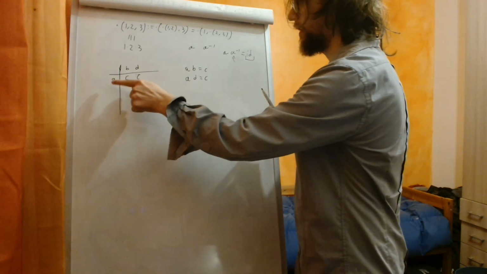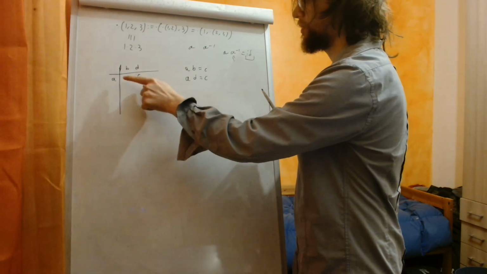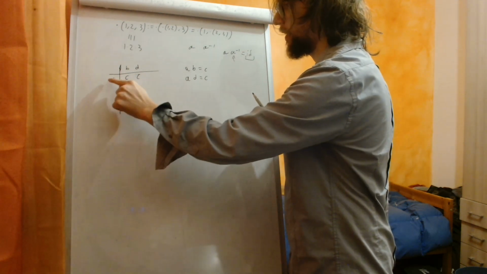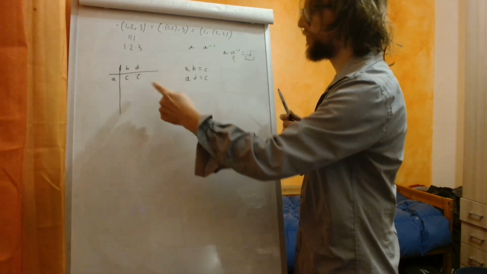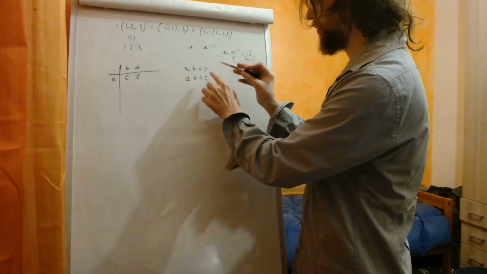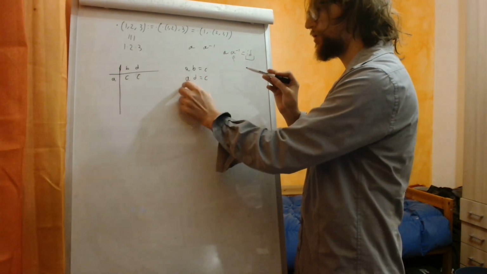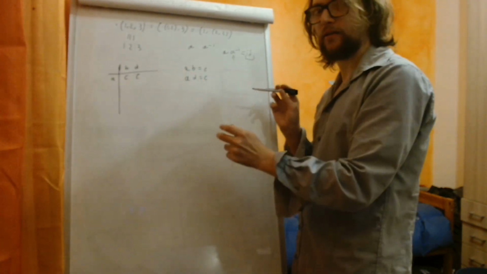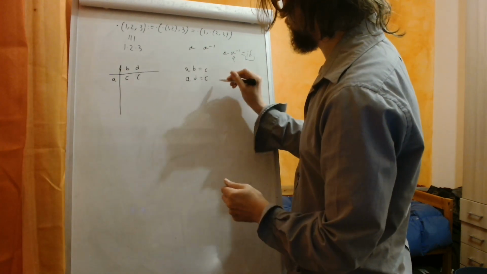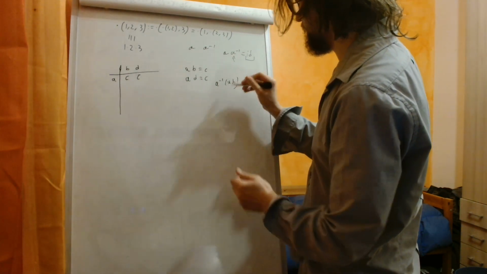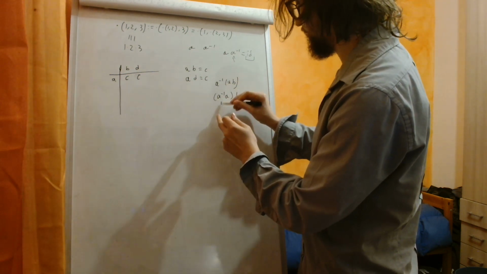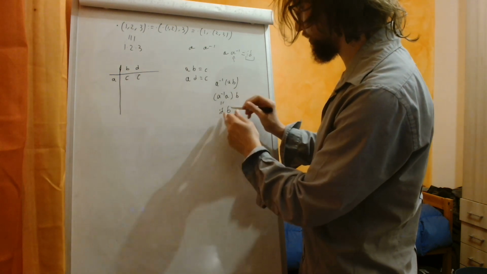Well, let's say that A times B is C, and to obtain C, you can also do A times D. So the row A presents C 2 times. So you have A times B equals C, A times D equals C. If you can undo A, so you multiply the left side by A to the minus 1, and you use the associative property, so A to the minus 1 times A times B is the identity times B, and the identity is the permutation which does nothing.